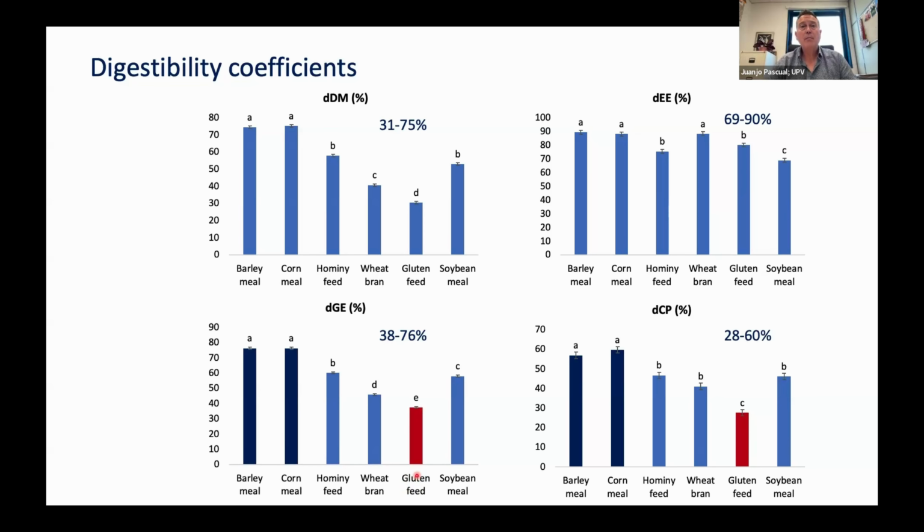Something similar occurs with the protein digestibility, which varies between 28 and 60%, depending on the source that we use. So there is great variability in nutrient availability as a function of the raw material that we are using.